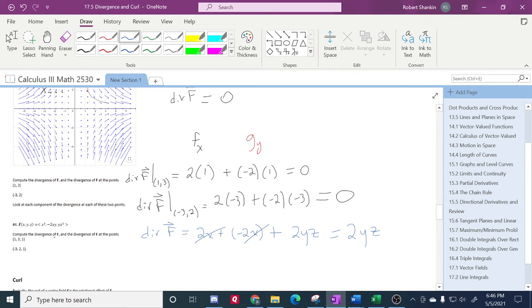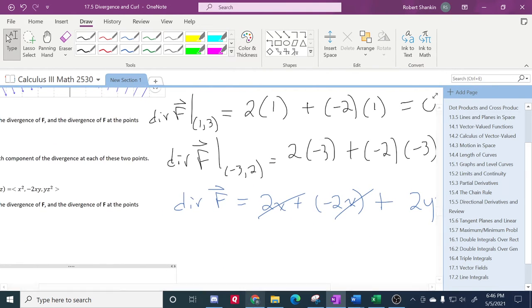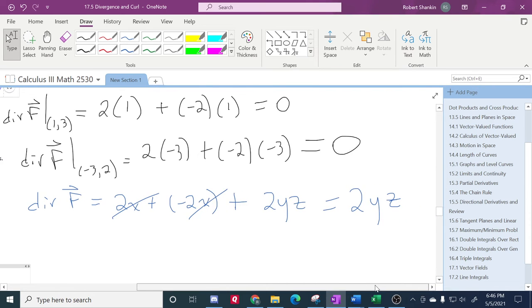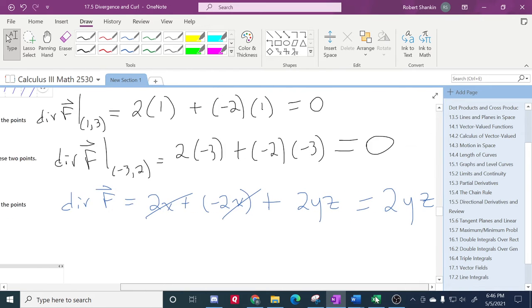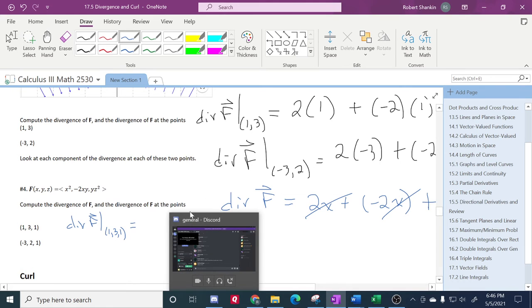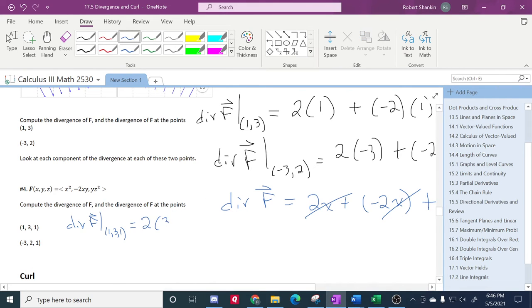So when we compute these things, 2yz, the divergence of f evaluated at 1, 3, 1 is this 2yz, 2 times 3 times 1, which is 6.